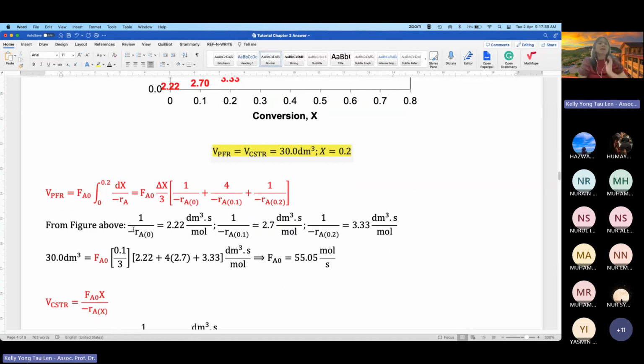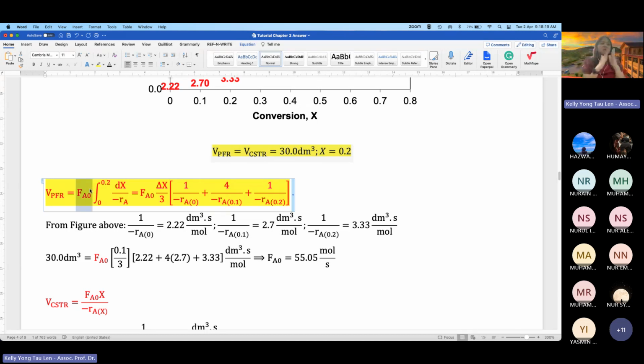Let us start first with the PFR. You have to come back and remember that the PFR design equation involves integration. So the formula is: volume of PFR equals FA naught times an integral.